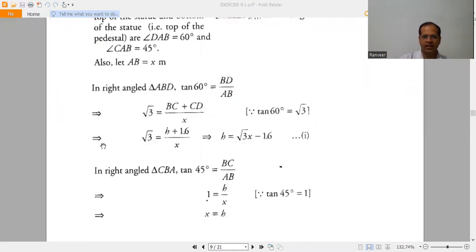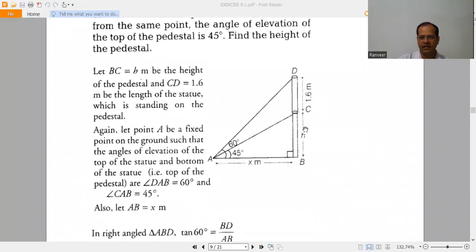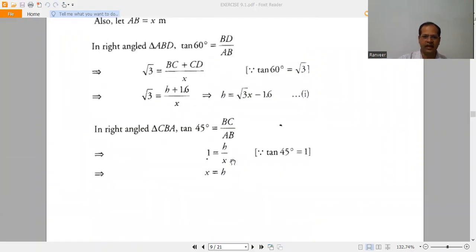So h equal to root 3x minus 1.6. Now in the triangle CBA, tan 45 is h by x. So h equal to x, and we have to substitute this value h equal to x here in the first equation, and we will get the value of h.